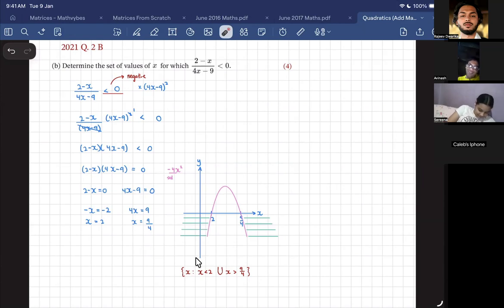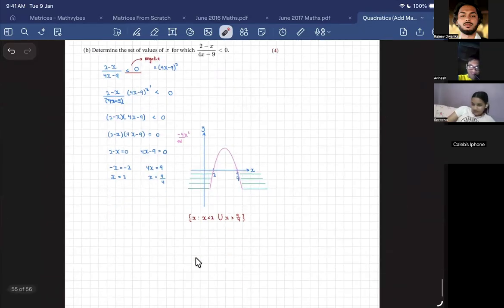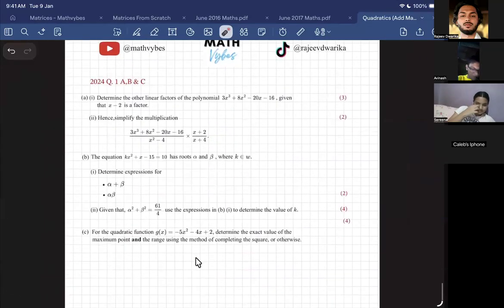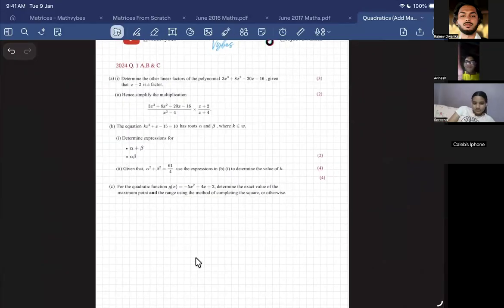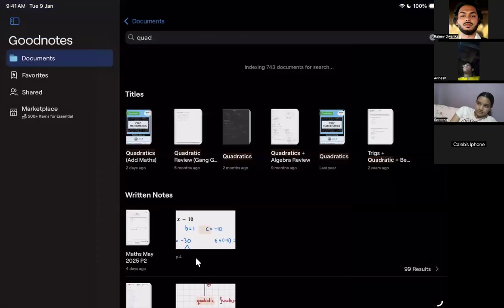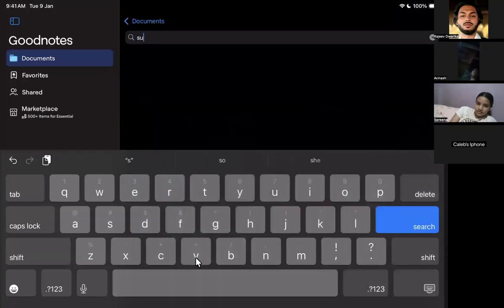All right, we got to go on. Yeah, Caleb, we actually did surds. Serena, didn't we do logs? Yes, sir. We did. And the rationalization of the denominator, was it? Yeah, we do all that.